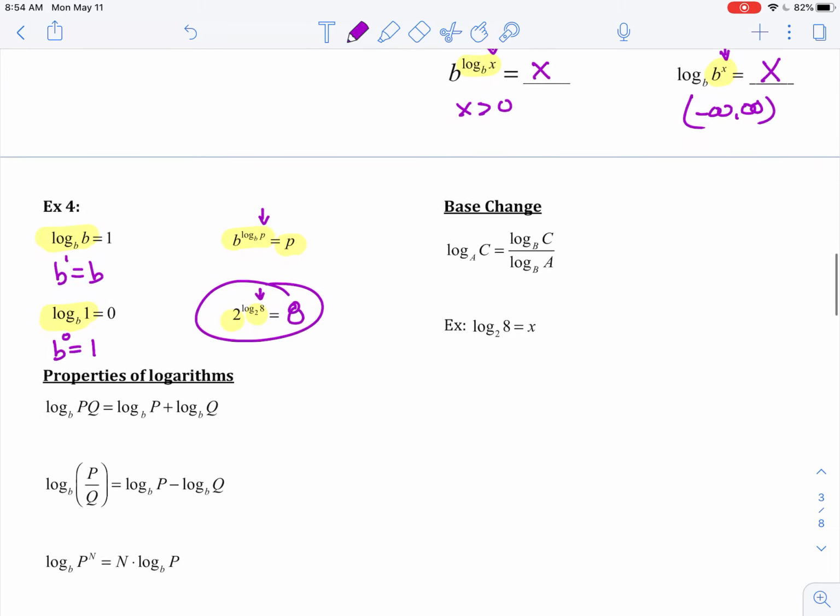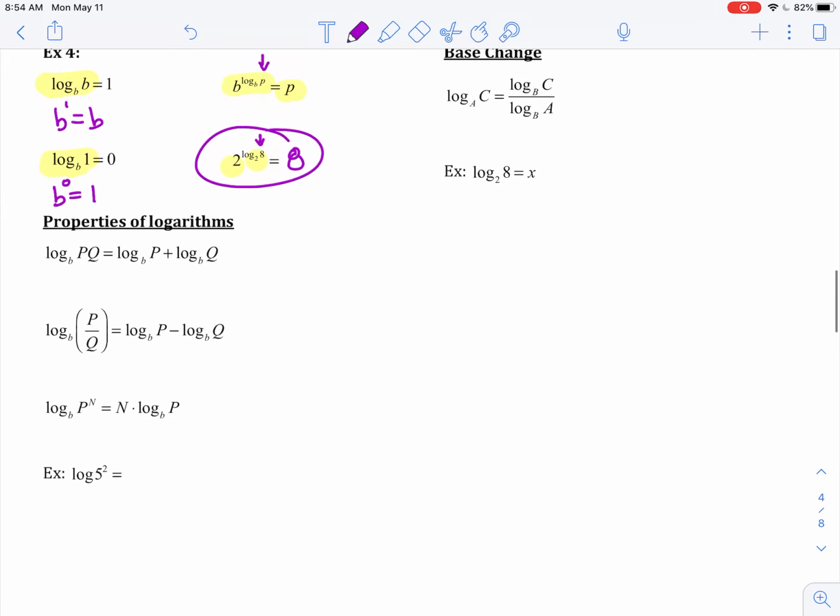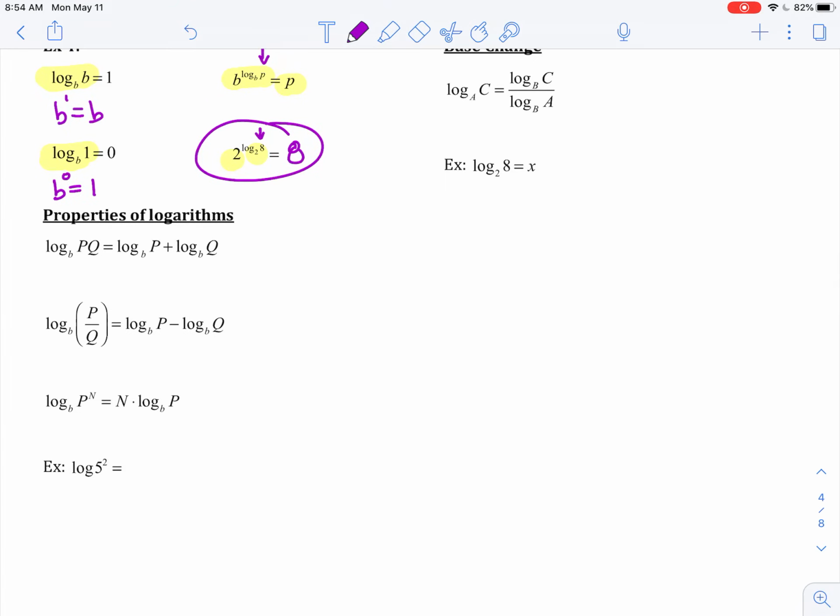So now let's look at some more properties with our logs that we will be working with in 5.4. If you recall, logs are just ways of expressing exponents. So all of our rules with exponents are going to have to hold true with our logarithms. If we were multiplying two quantities with the same base, then as long as we have that common base, we would just add those exponents together.